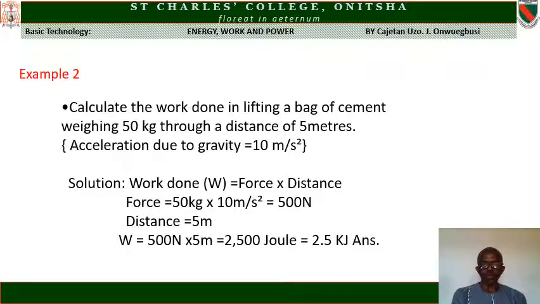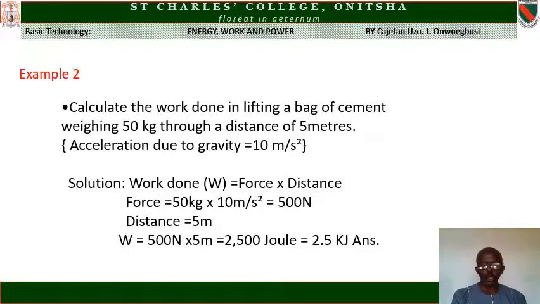First of all, calculate the force, because you are not given the force, rather you are given the weight. So you convert that 50 kg to force by multiplying it by 10 meters per second squared. That will give you 50 kg times 10 meters per second squared, which is 500 Newton.